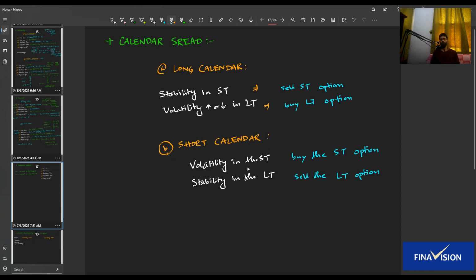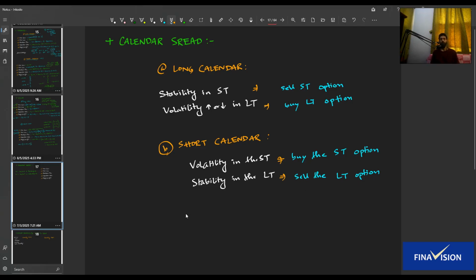Now the reverse thing happens in case of short calendar, where the higher volatility is in the short term. So one buys the short term and there is stability in the long term, which means one sells the long term, right?